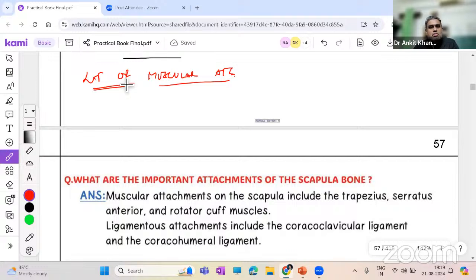A lot of questions come from this particular bone, because there are a lot of important muscles, and obviously a lot of clinical applied aspects to it. It's not just 2-3 muscles over here. At least 10-12 muscles you should know.